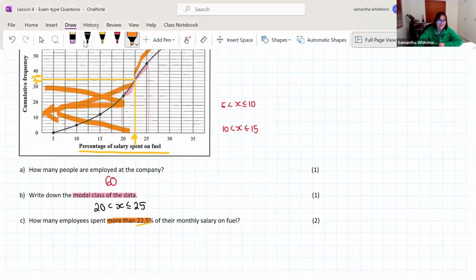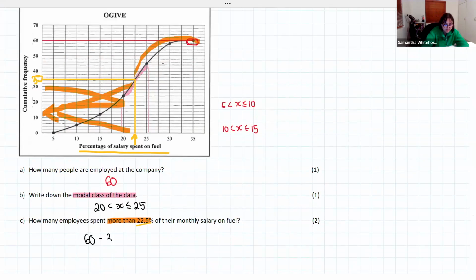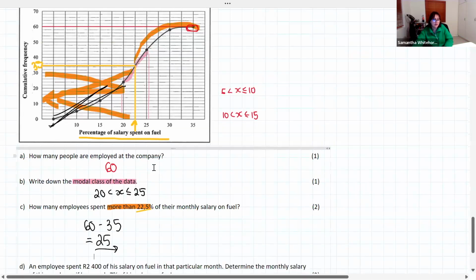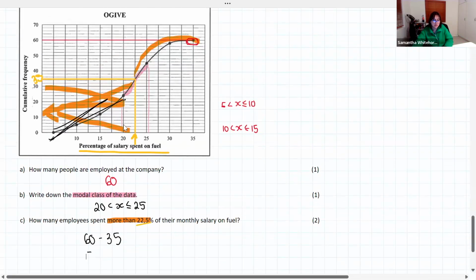We know that there's 60 employees in the company. So 60 minus the 35 that spent 22.5% or less would give me 25 employees that spend more than 22.5%. So always just go back to your question, particularly with questions like this where it's asking more than. I'm just taking off all my answers now.